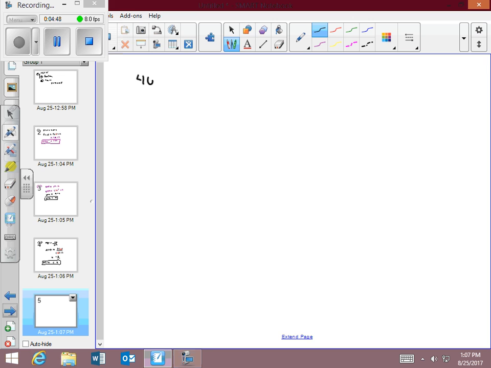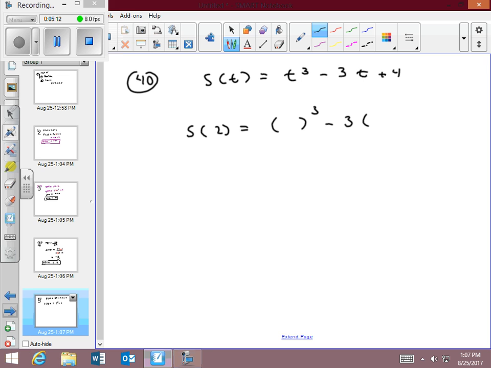It says S of t equals t cubed minus 3t plus 4. So S of 2, we replace wherever there's a t with that 2.